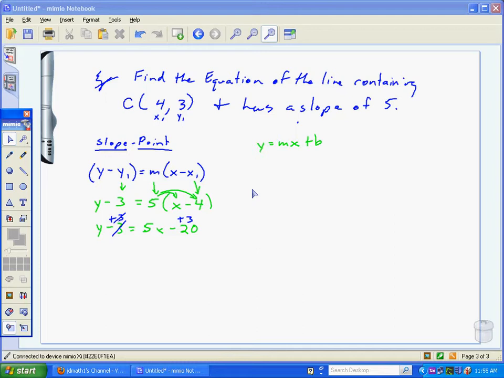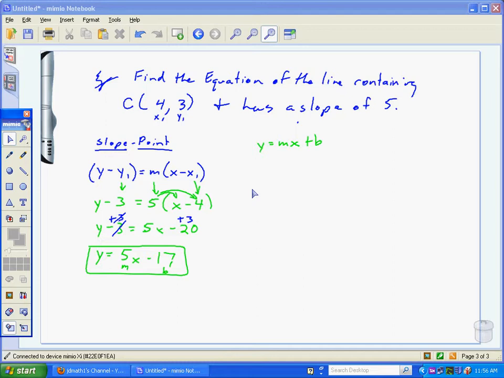My final answer in slope-intercept form will look like this: y equals 5x minus 20 plus 3. Negative 20 plus 3 is negative 17. There's my equation in slope-intercept form. Done, because there's my m, and there's my b. You can graph this at some point, not right now, but later. So there's my equation.